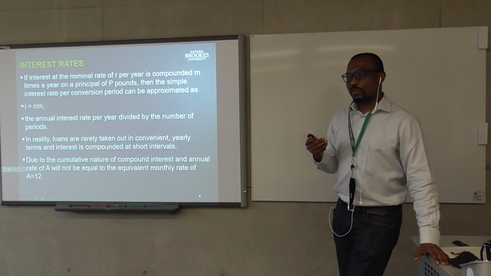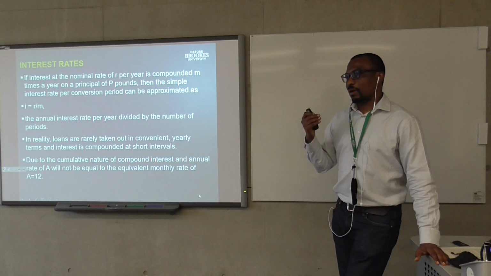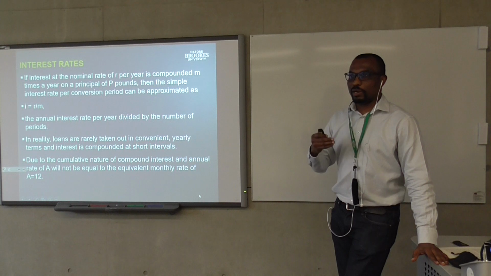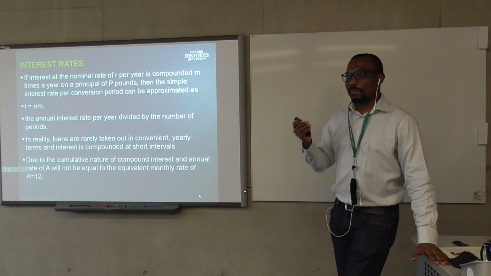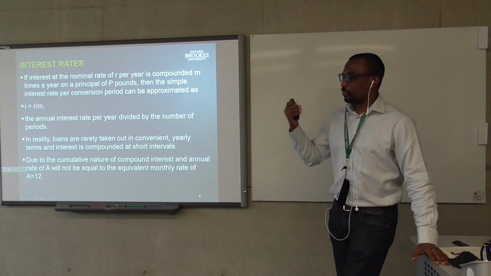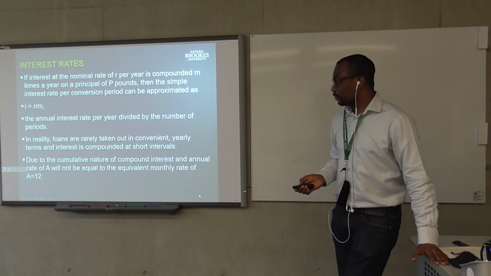But then don't forget that we're talking about a compounded interest rate, which means that if you convert the interest rate to month 1, at the end of month 2, what you are paying will be your interest plus the principal plus the interest of, let's say, the first year.